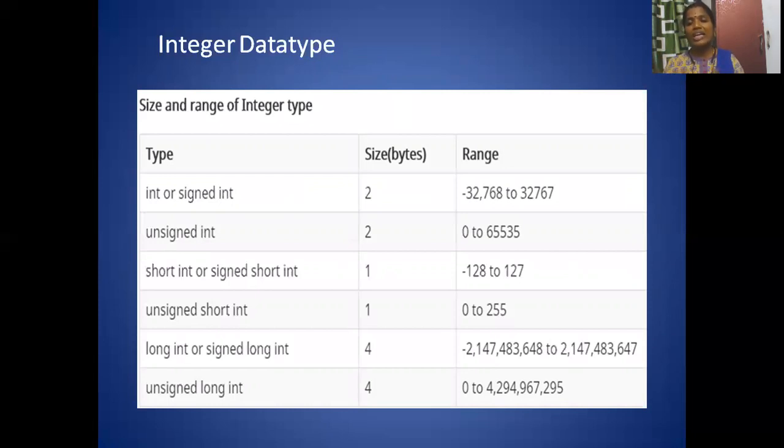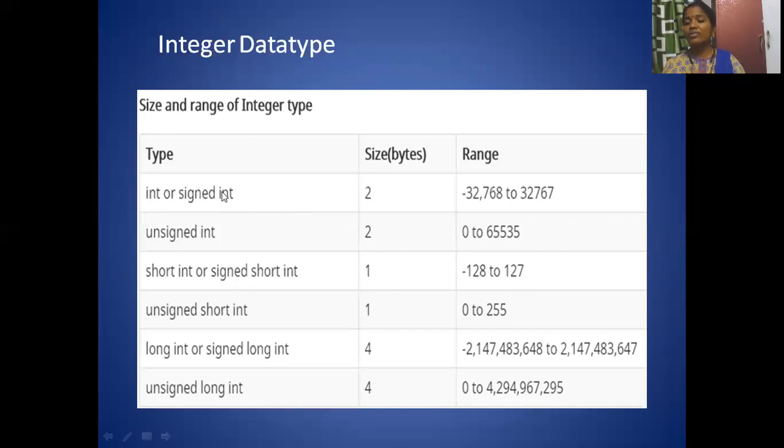So like that, the integer stores 2 bytes of memory. Whenever you declare a variable like integer, it stores 2 bytes of memory. That means 16 bits are allocated to integer. So that means how much data you can store, the range will be, because it is signed integer. You can see here, you are writing it as signed integer.